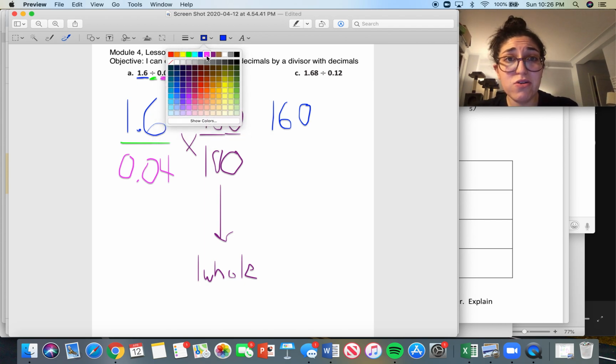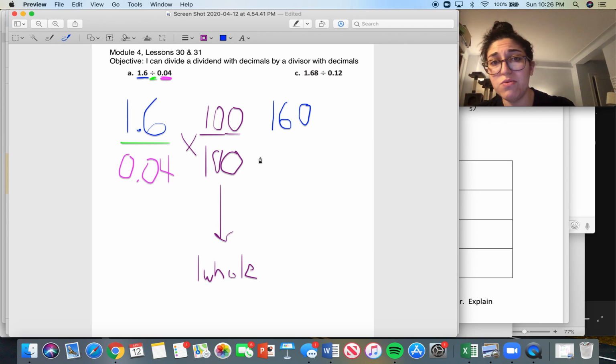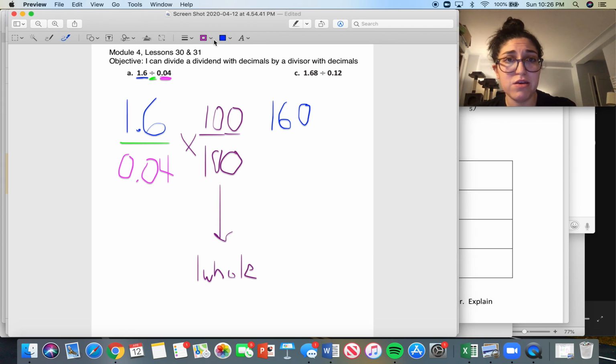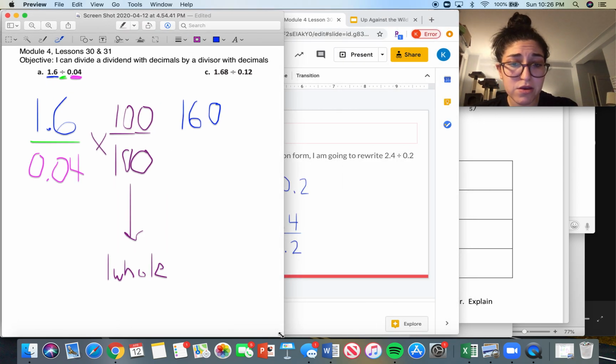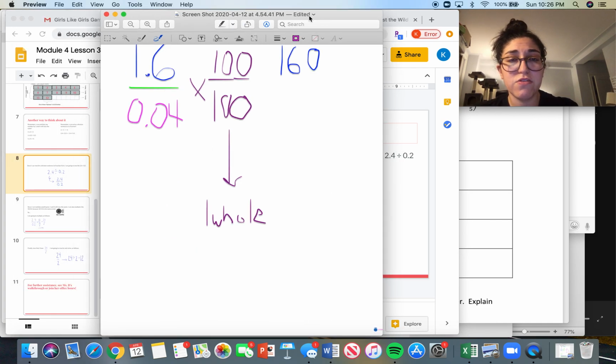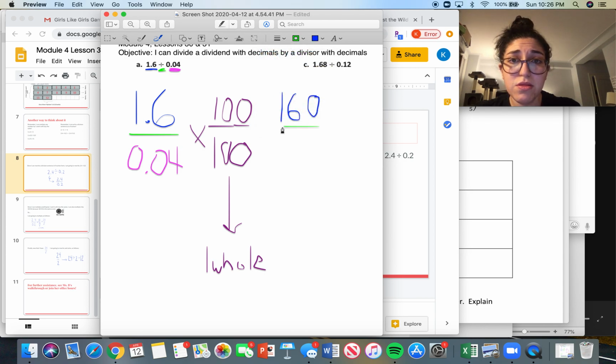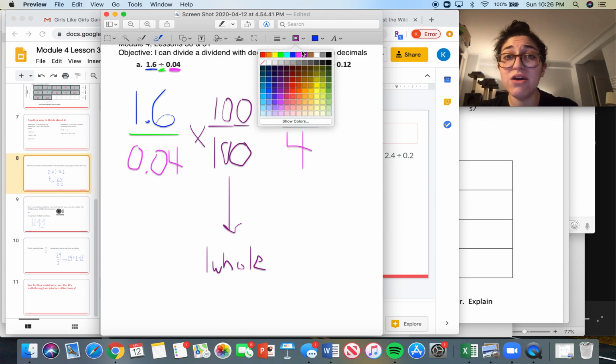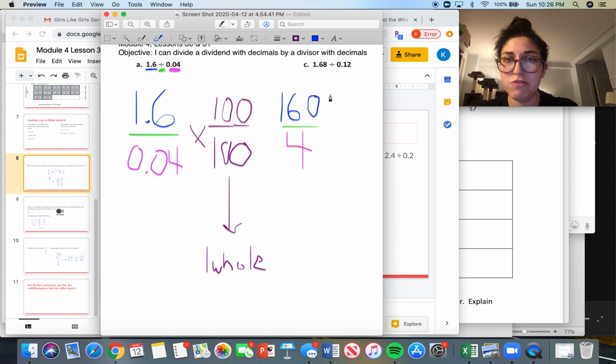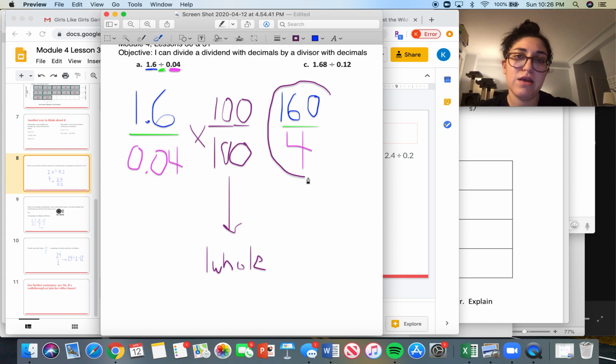And the good news is that this also now is going to be multiplied by 100. So it's going to move over 2 places in my place value chart, and now it's going to be 4. Now I don't have any decimals to deal with. That's awesome.